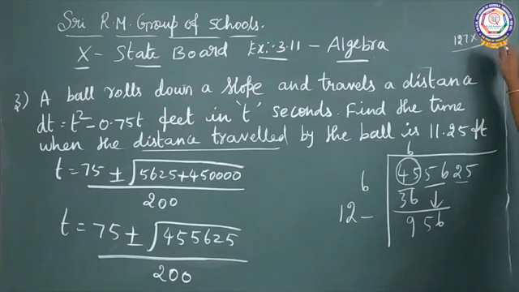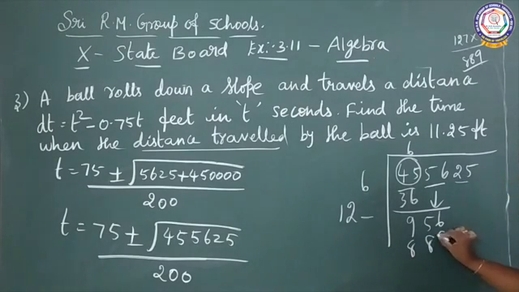What is the answer for 127 into 7? 7 sevens are 49, balance 4. 7 twos are 14, plus 4 is 18. 7 ones are 7, plus 1 is 8. So 889. Subtract the value, and bring down the 25.